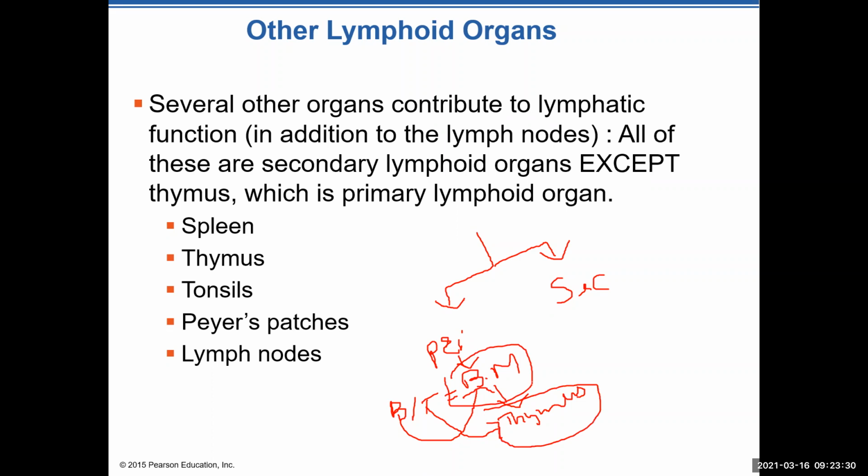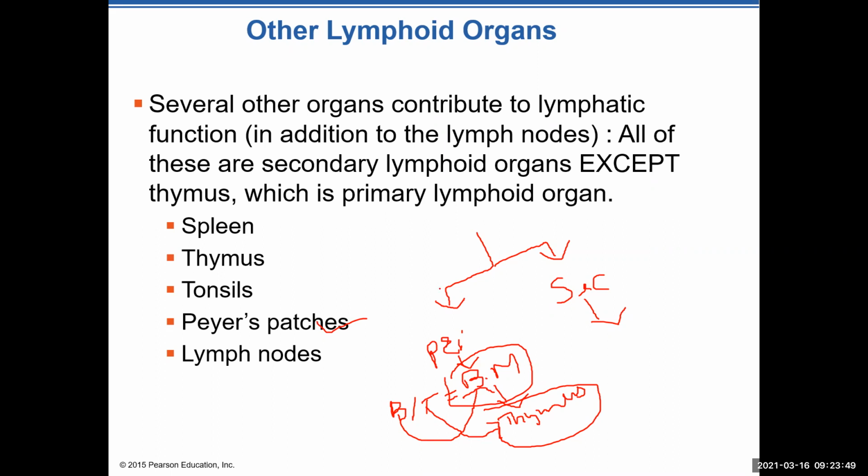The rest of them are all considered secondary lymphoid organs, whether it's a lymph node, a spleen, or MALT, mucosa associated lymphoid tissue, which we'll talk about in a while, or tonsils, Peyer's patches.